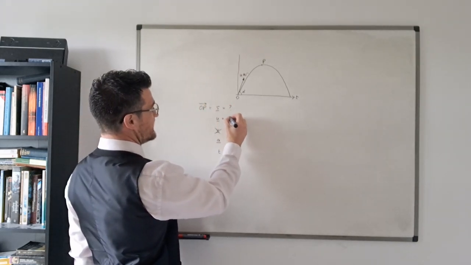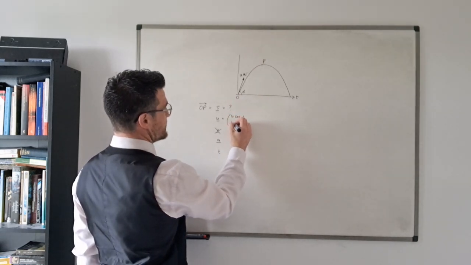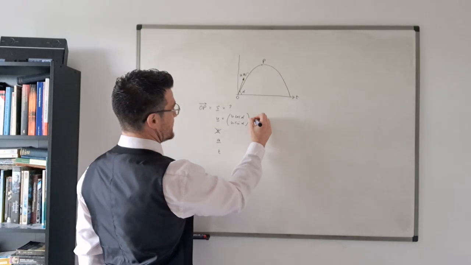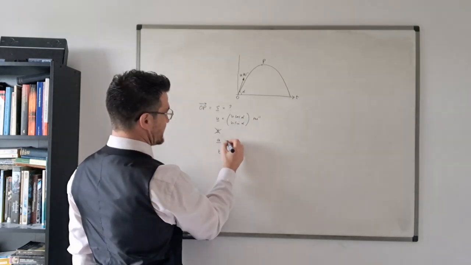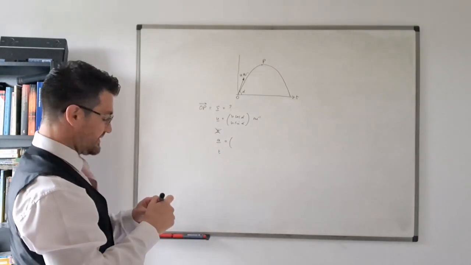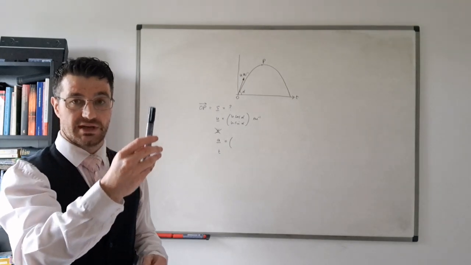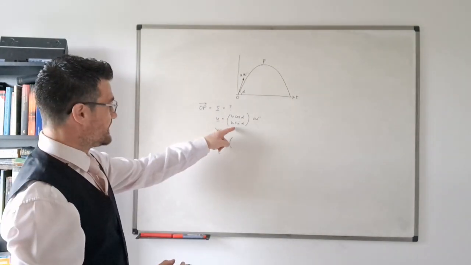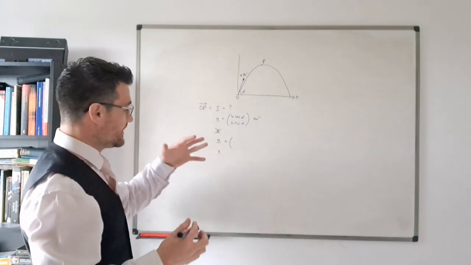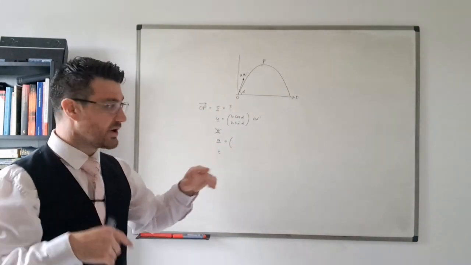U is u cos alpha, u sine alpha, meters per second. Acceleration. Okay, so evidently I'm taking upwards as positive. I didn't necessarily realize this as I was writing it. It was just subconscious.